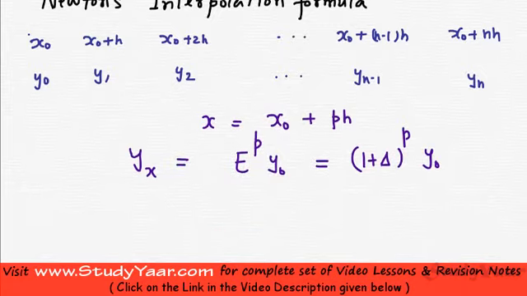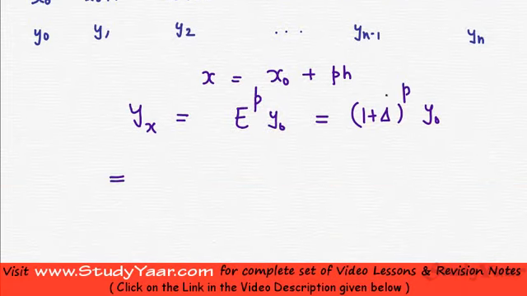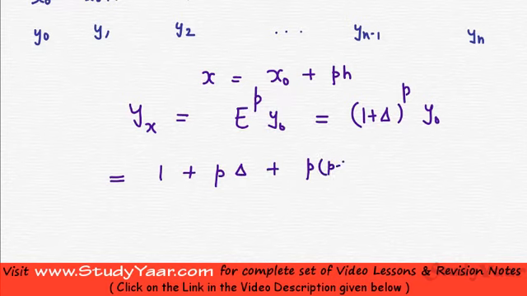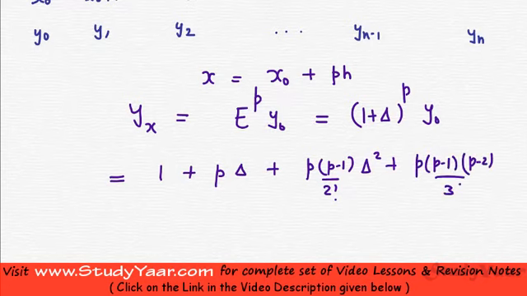Essentially you can expand this using the binomial theorem, and what you have is 1 plus p delta plus p into p minus 1 upon 2 factorial delta square plus p into p minus 1 into p minus 2 upon 3 factorial delta cube, and so on, and you have your y0 on the outside.